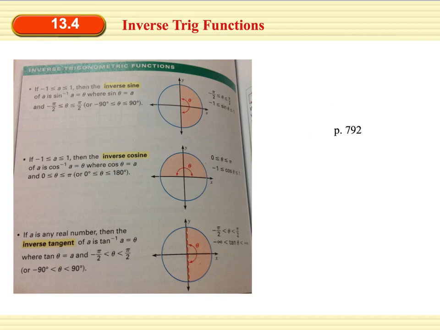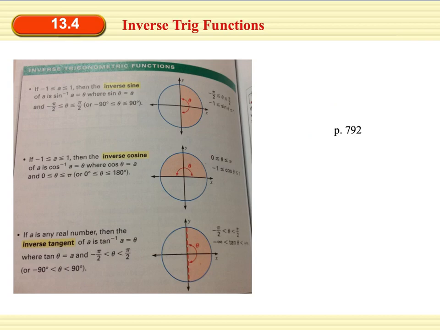But if I ask you to find the inverse sine of 1/2, well, 1/2 falls between -1 and +1, so I can go ahead and calculate it, and I'll find that that angle is going to fall somewhere in this quadrant, more specifically at pi over 6, which we just talked about on the previous slide.